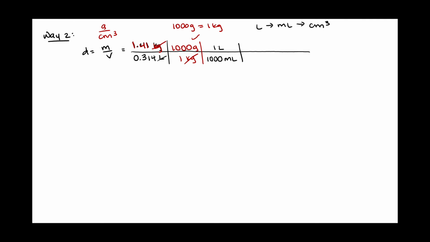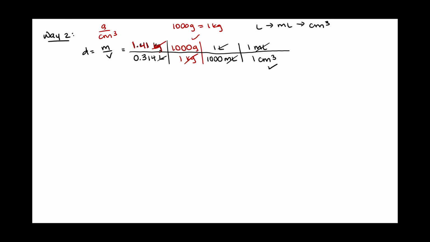Now my liters will cancel. They're still canceling because there's liters in the numerator and the denominator. I'm left with milliliters in the denominator, which is good. We want that. And then I can go ahead and convert to cubic centimeters. My milliliters cancel, and I'm left with cubic centimeters in the denominator, which is what we want.